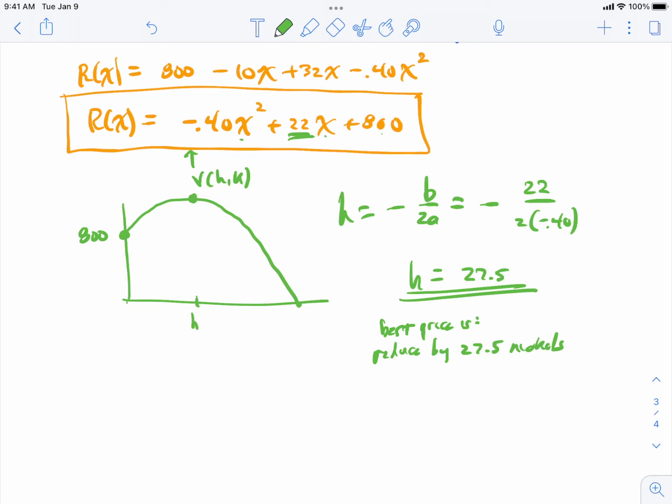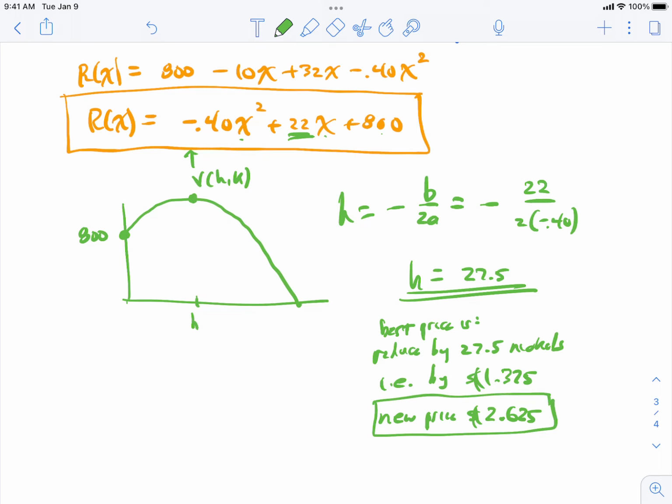That is, reduce by $1.375. It was $4, so you take the $4, subtract that, and you get $2.625 per bowl. Maybe you have to buy 2 bowls at a time. I don't know. Anyway, there's a new price. That would be the optimum price for Olga here.